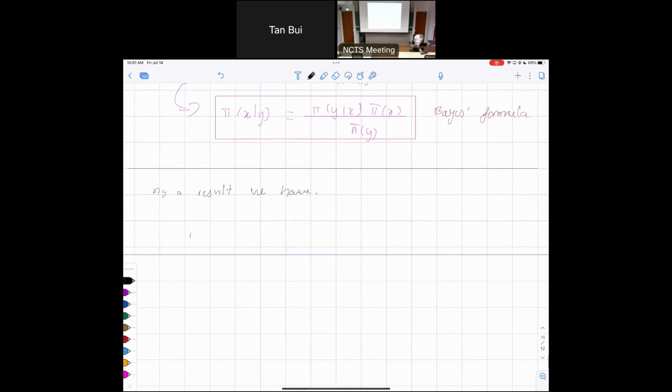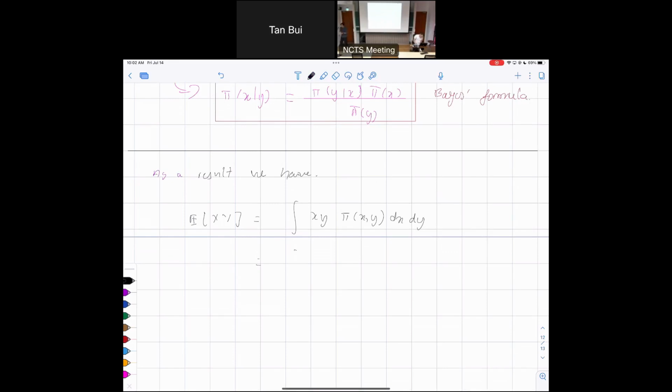There is the expectation of two variables, which is equal to the integral of xy π(x,y) dx dy. We have a double integral here.